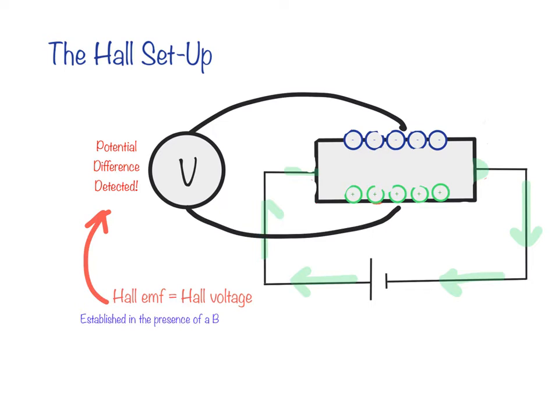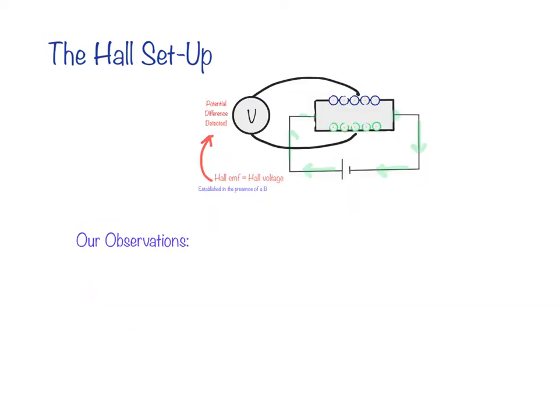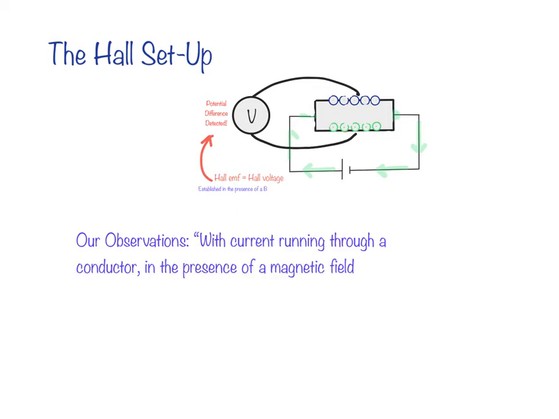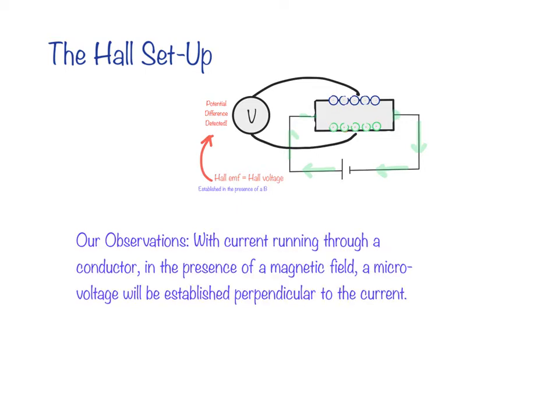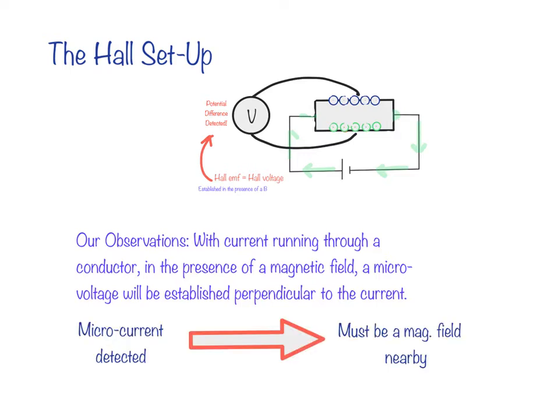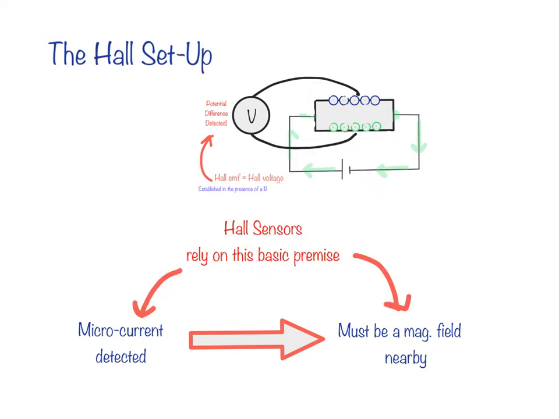So basically what this allows us to do is say that in the presence of some sort of a magnetic field, I will establish this little micro voltage across the bar, and this will indicate to me that there's a magnetic field present. So a lot of magnetic field sensors will use this Hall effect, because in the presence of a magnetic field, it will establish that voltage, which is not there when there's no magnetic field.